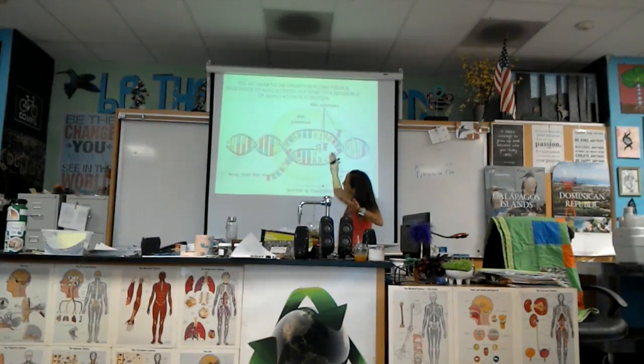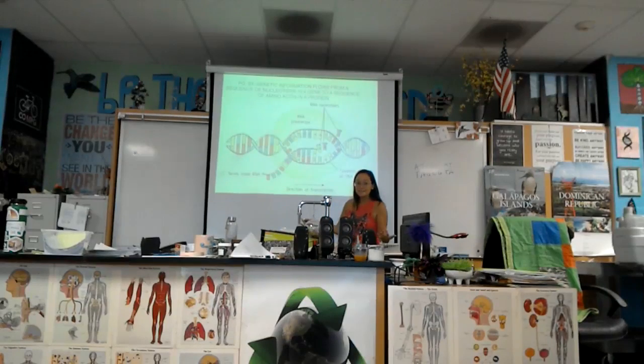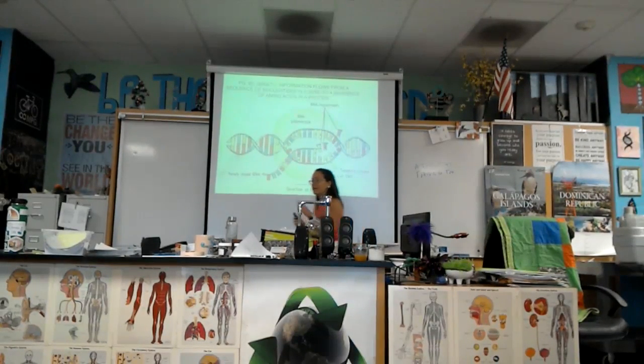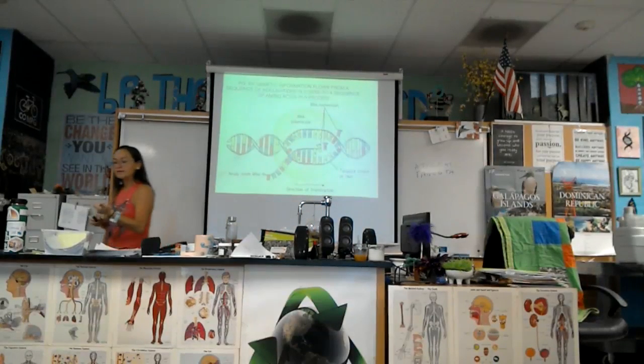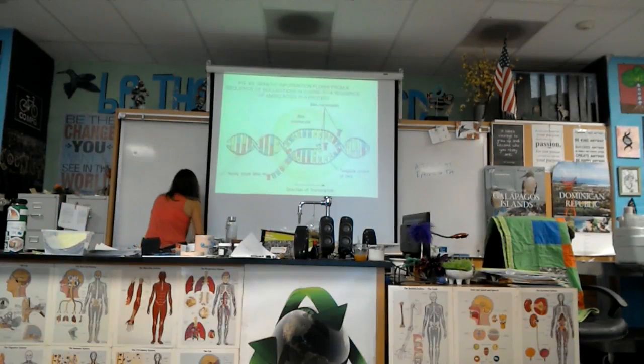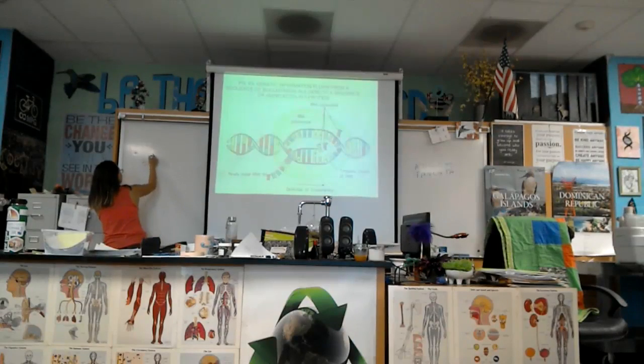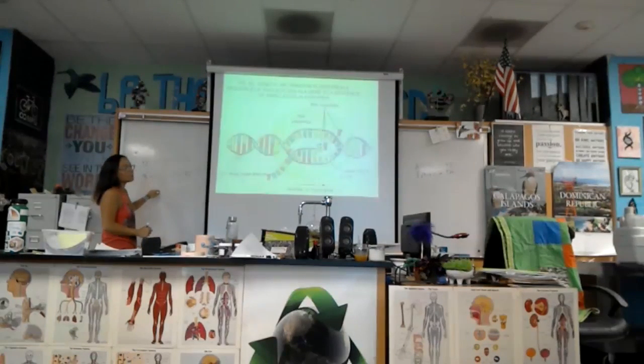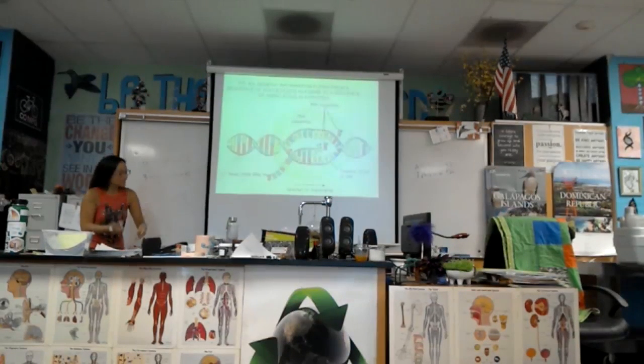And so another key point to make is that RNA is built from 5' to 3', just like DNA. So when deciding which strand to use, you need to think of where the 5's and 3's are. If you have two strands of DNA, a strand like this and then the anti-parallel strand, you have to pick the top or the bottom to be the template strand.